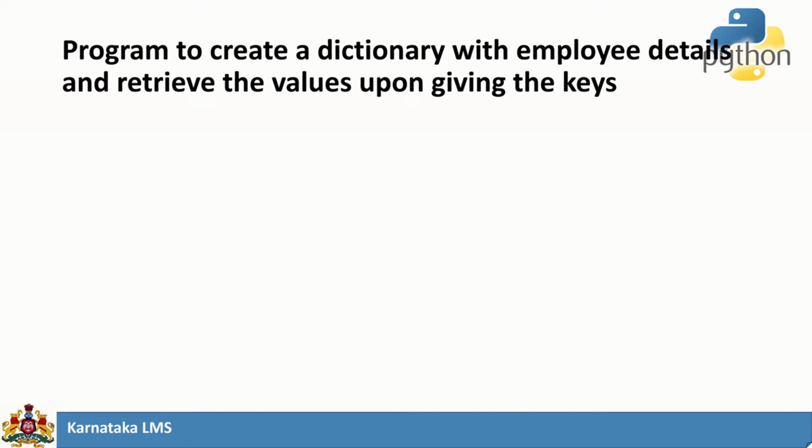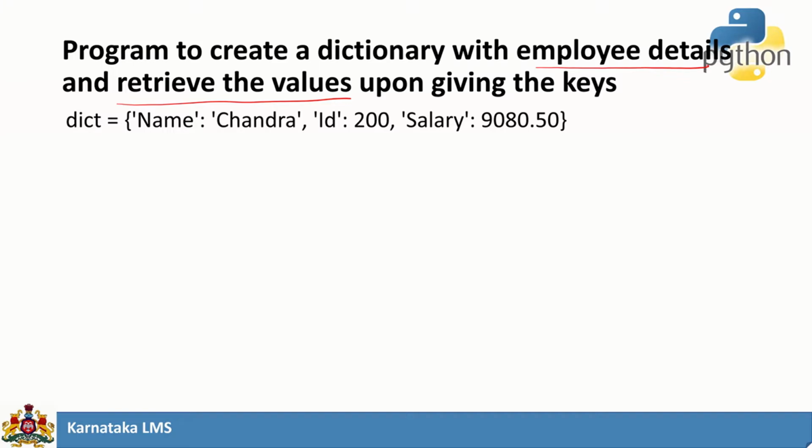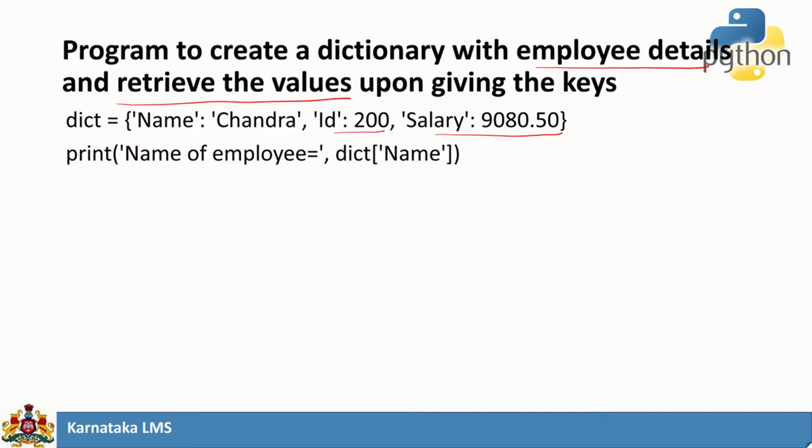Let us write a program to create a dictionary with employee details and retrieve the values using the keys. The dictionary has name Chandra, ID 200, salary 9080. Like this I have created a dictionary. When I want to print the name of the employee, I cannot use dict of 0. I have to give the name of the dictionary, and within square braces I have to give the key.